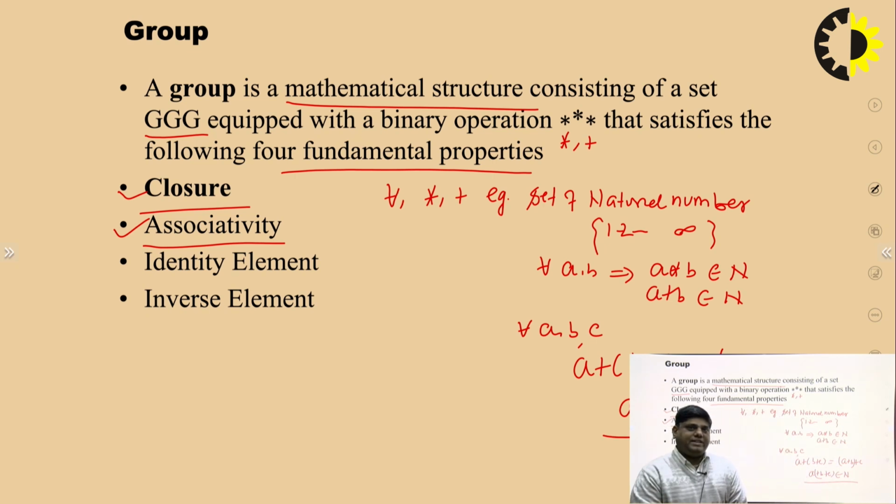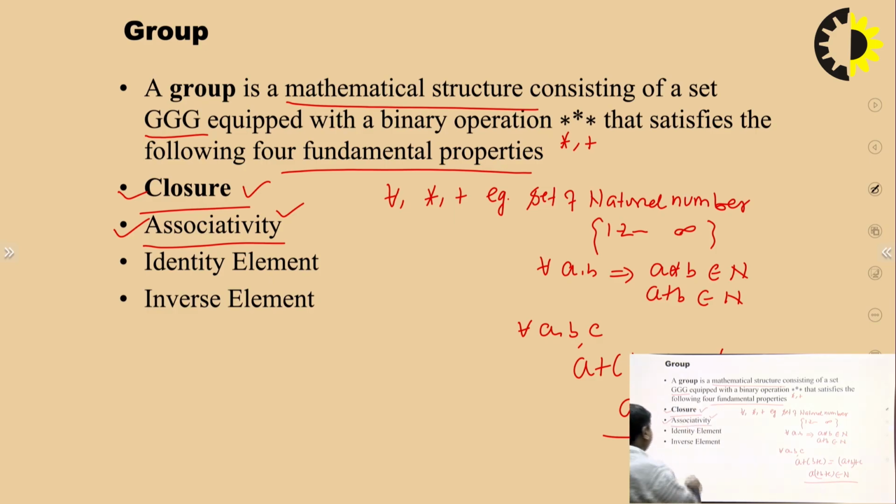Then we can say that the set of natural numbers is a mathematical structure that follows the associative law.